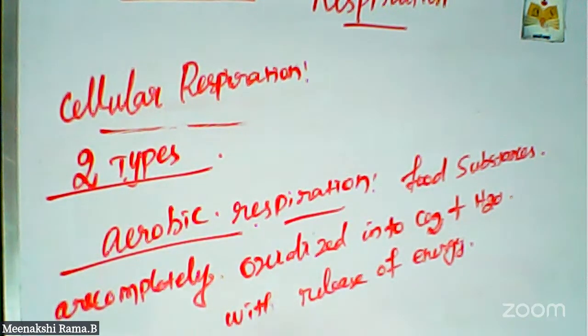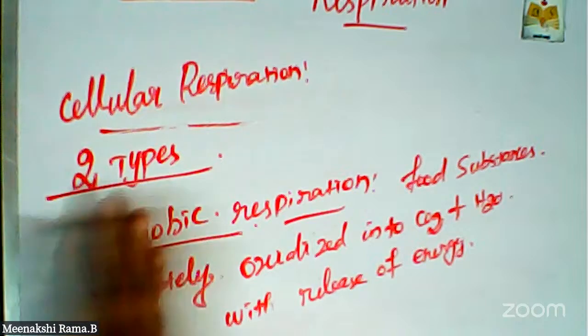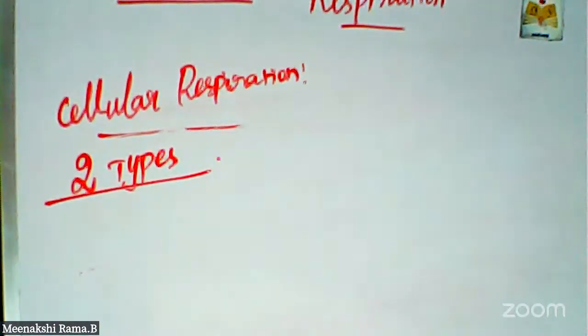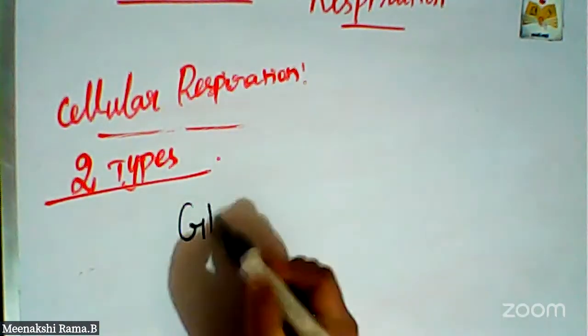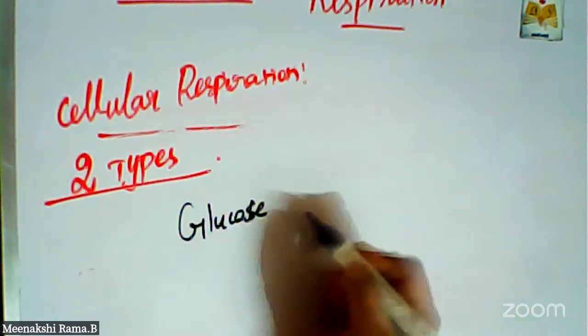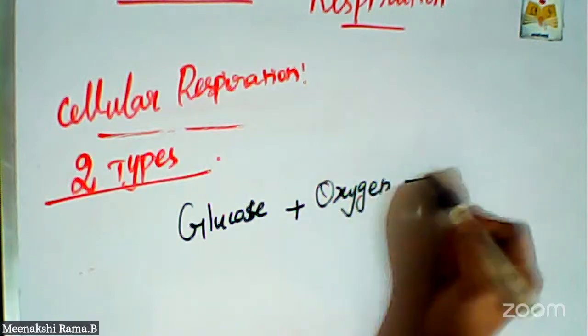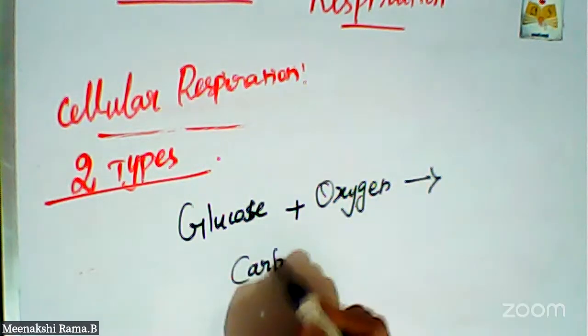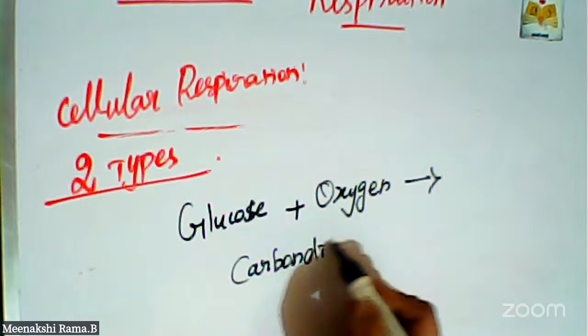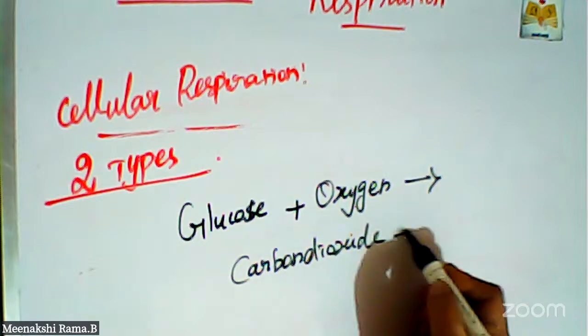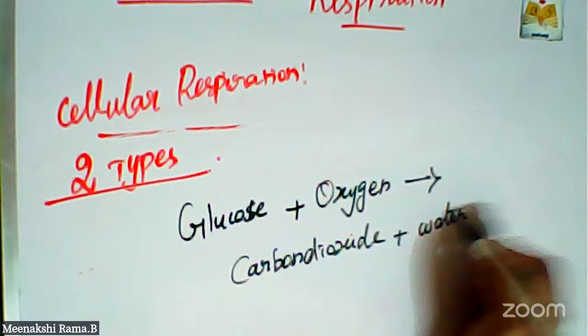So the formula of aerobic respiration, that is just the equation. What is the equation of aerobic respiration? Glucose plus oxygen gives carbon dioxide, water and energy.